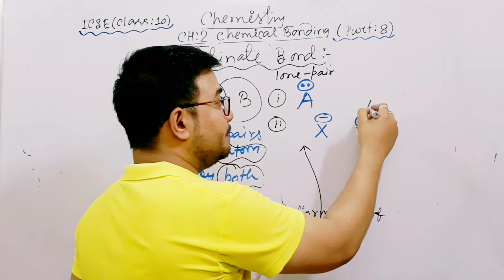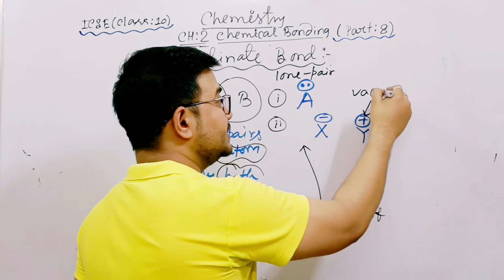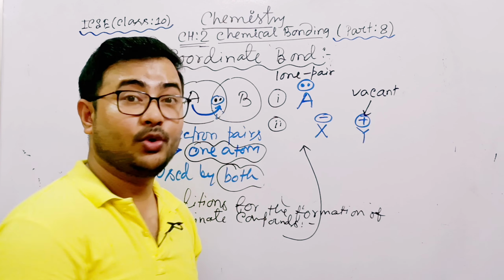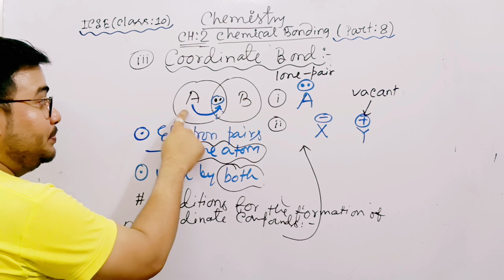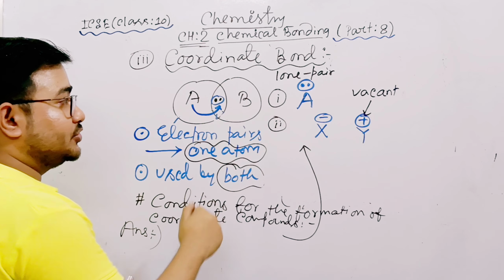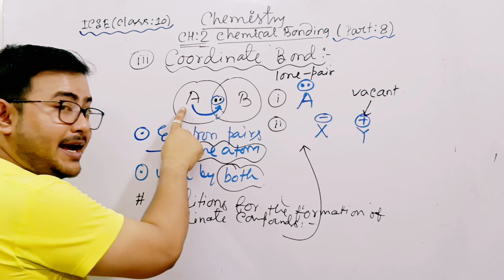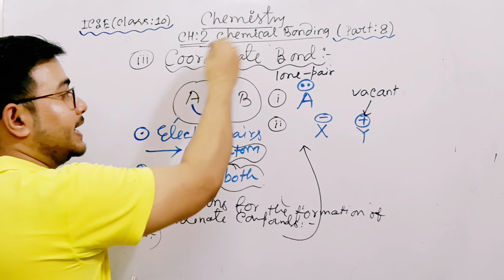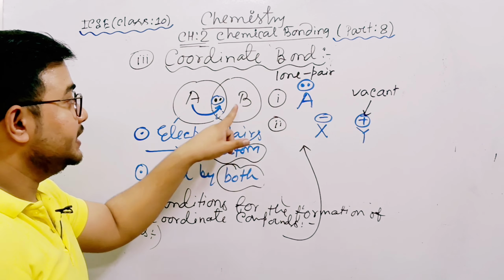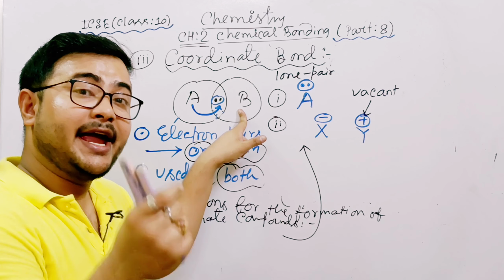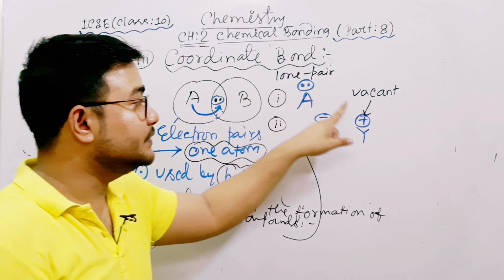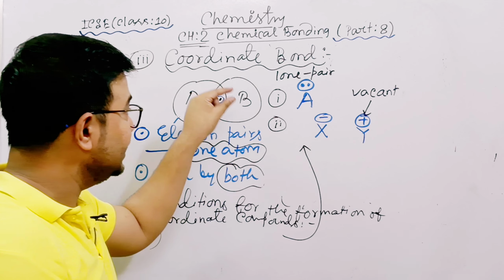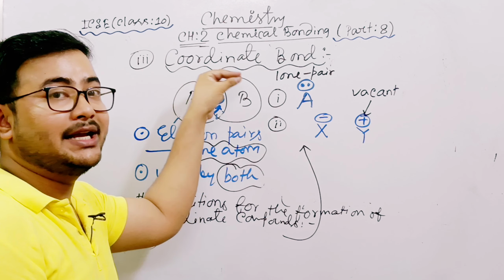And what is the meaning of the plus sign? Plus sign means vacant. So, A has an extra pair of electrons, that is why A can donate. But if B has the vacant space, only in that case will B take the electron.